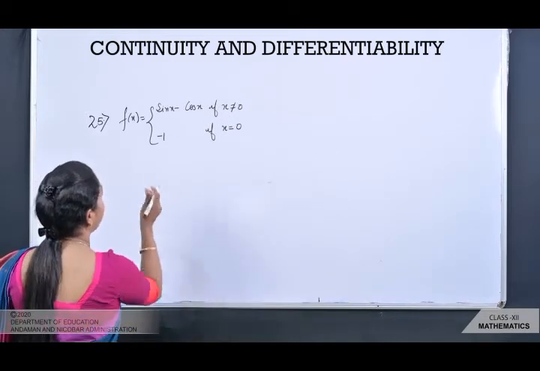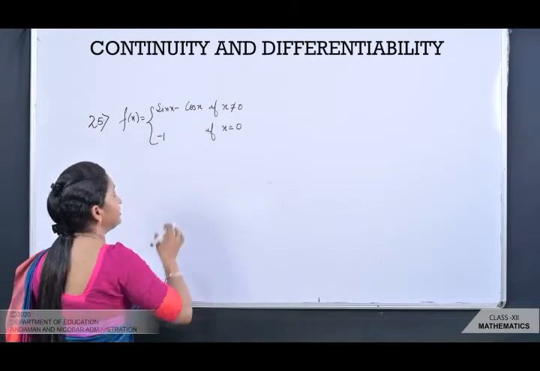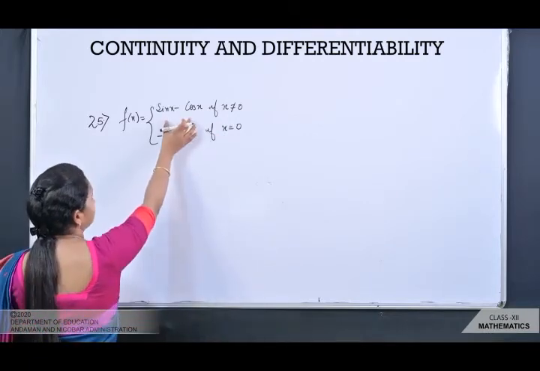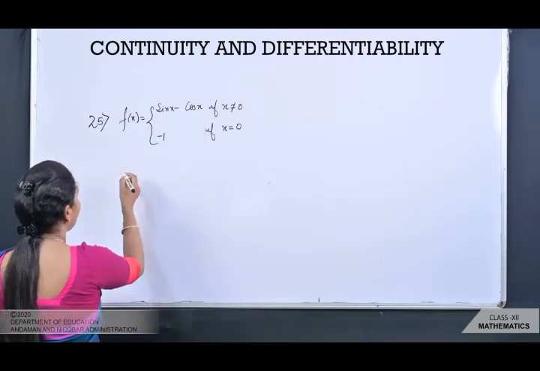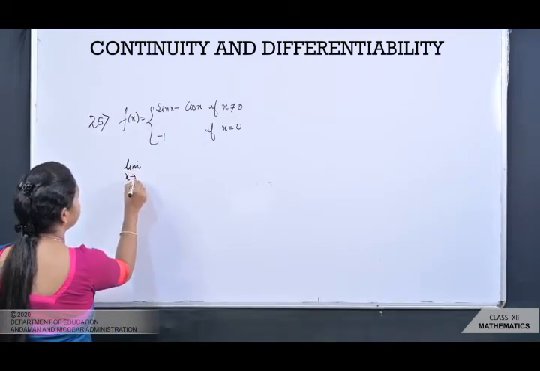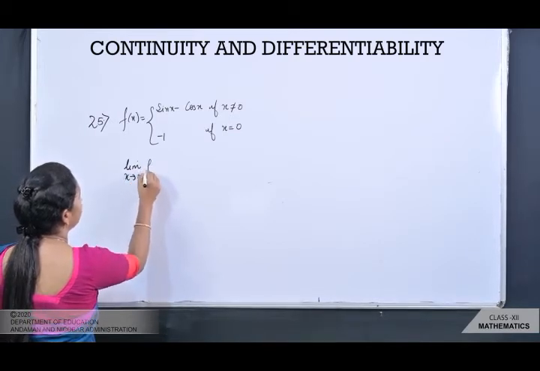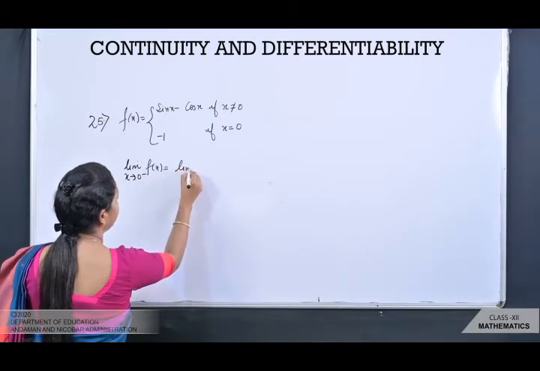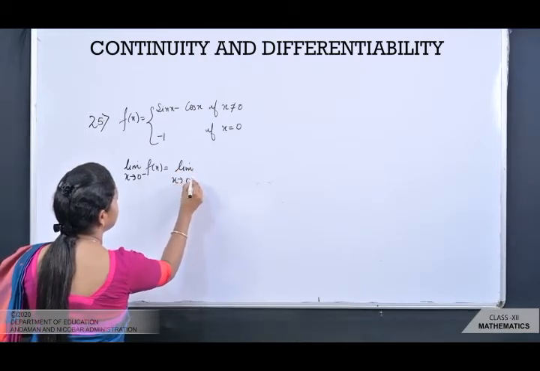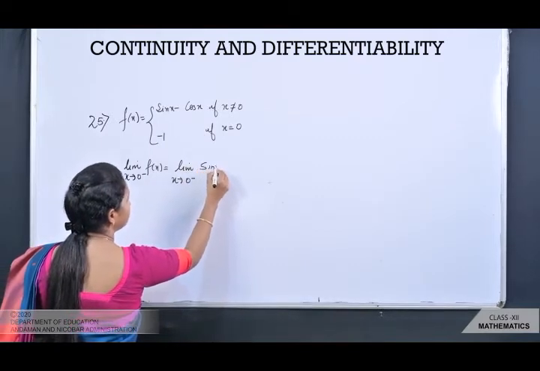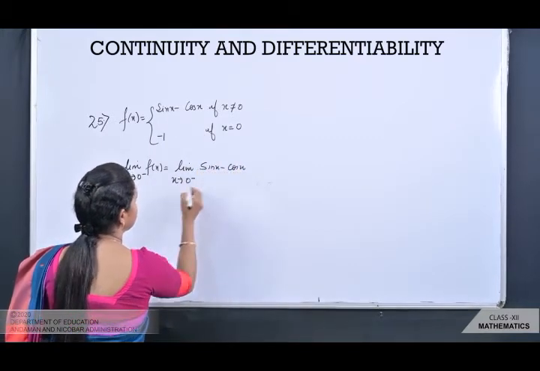Now what you will do, again not equal to 0 means the left hand limit and the right hand limit both use this function. Okay, so first we will find limit x tends to 0 minus f x. I am finding the left hand limit, correct? So x tends to 0 minus, the function is your same function sin x minus cos x.